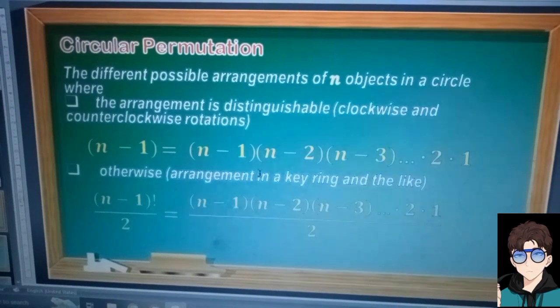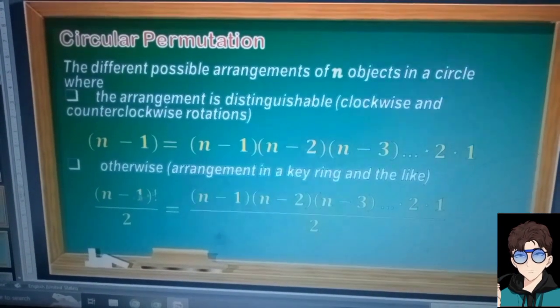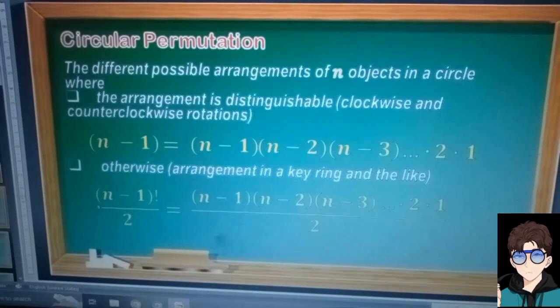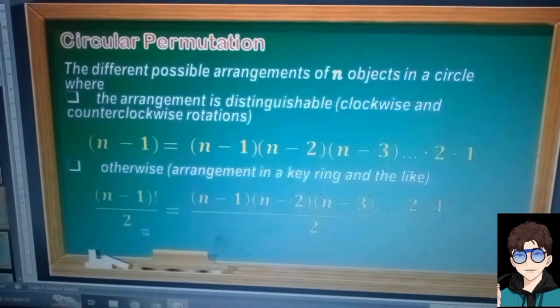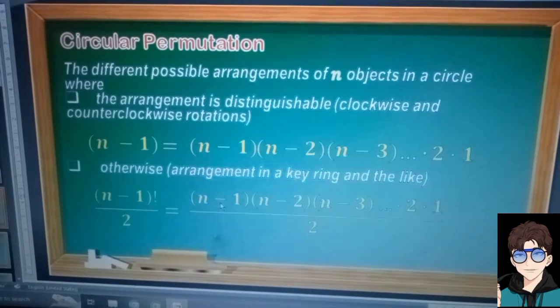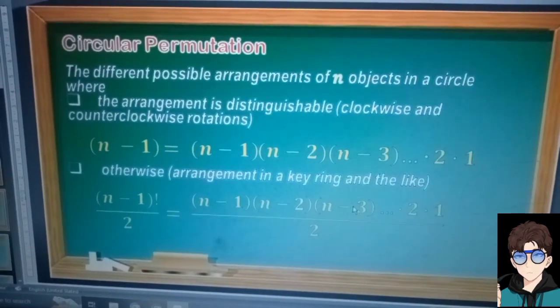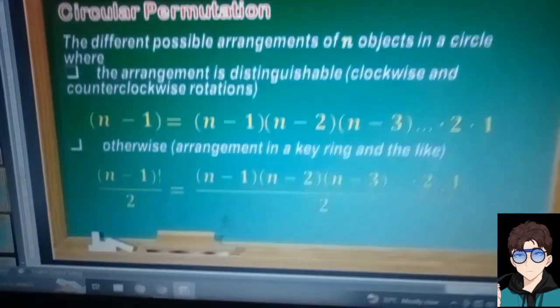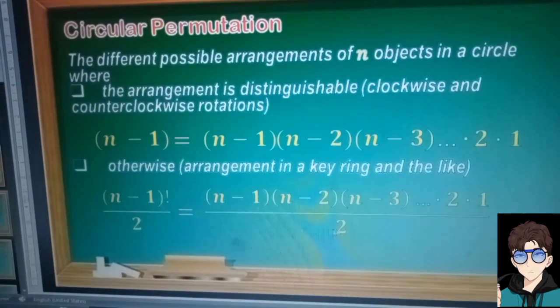Otherwise, for arrangements like in a keyring, it is the quantity of n minus 1 factorial all over 2, which is n minus 1 times n minus 2 times n minus 3 times 2 times 1, all over 2.